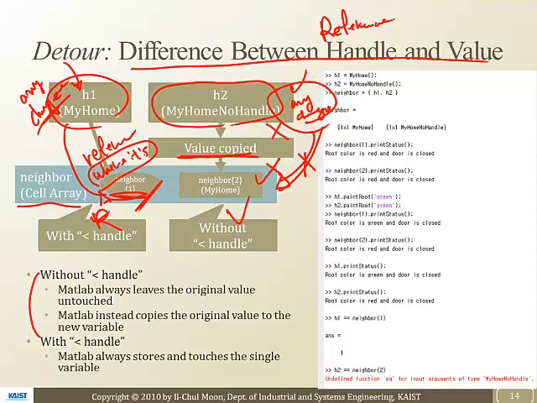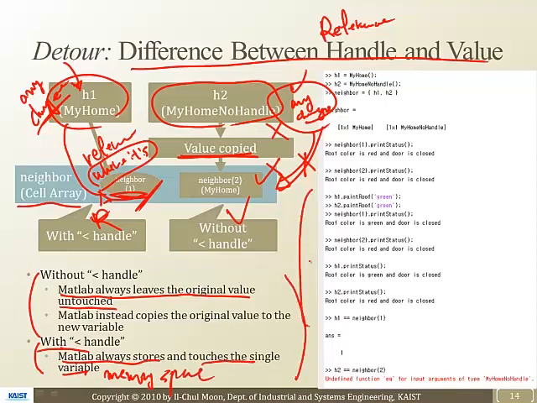Without handle, MATLAB always leaves the original value untouched. With handle being a reference class, MATLAB always stores and touches the single variable memory space. This is the reason why all these things are happening. Remember that. We are going to use this knowledge in the next few slides.